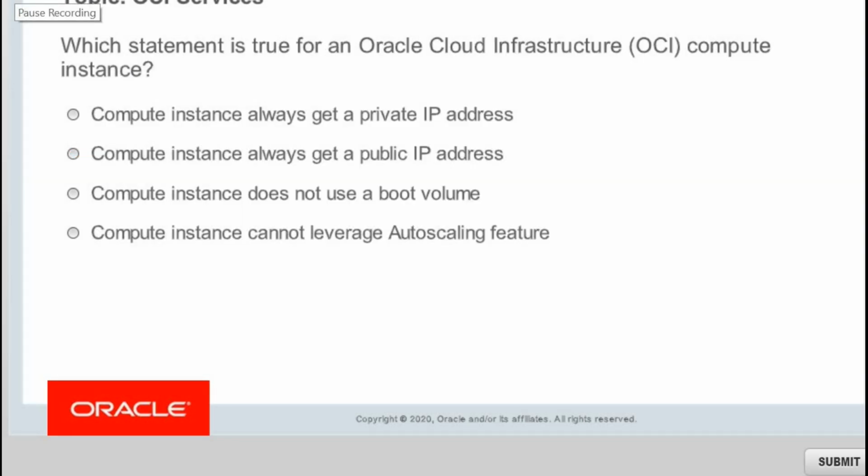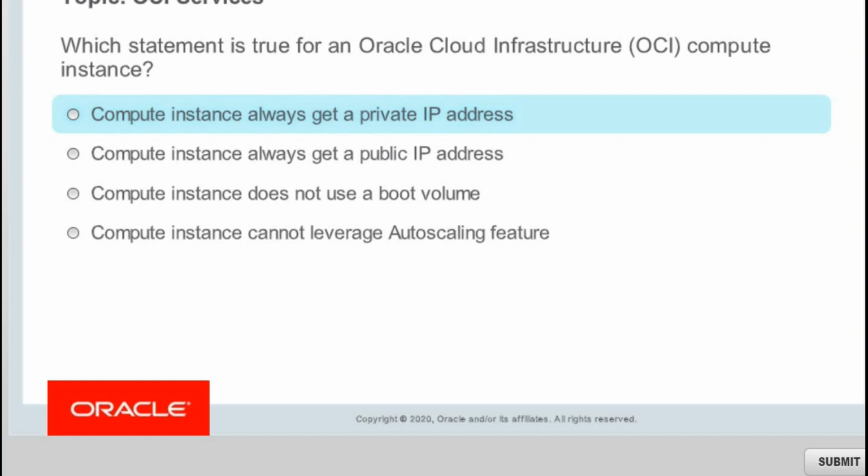So the next question is, which statement is true for an Oracle Cloud Infrastructure compute instance? Let's read the options. A compute instance always gets a private IP address. So that is totally right.